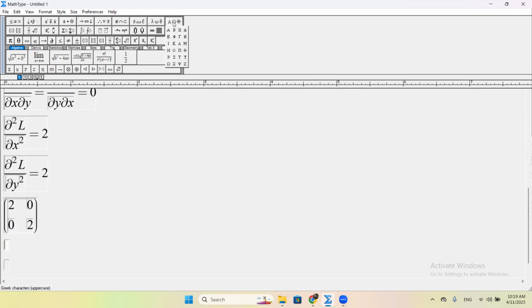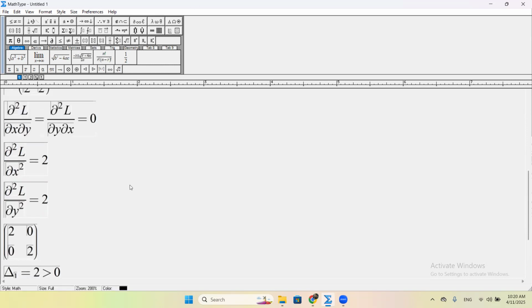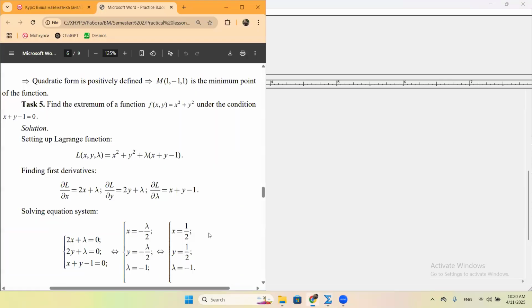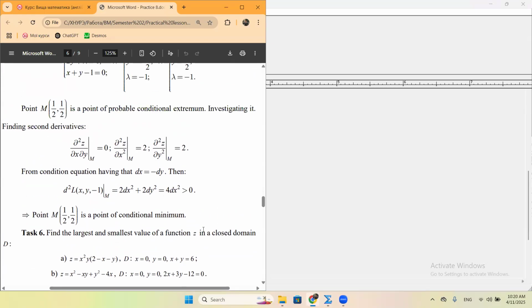So what do we have now? Delta 1 equals 2, that's greater than 0. Then delta 2 equals 4, and that is greater than 0 as well. And what do we have? By the way, what actually do we have to do?